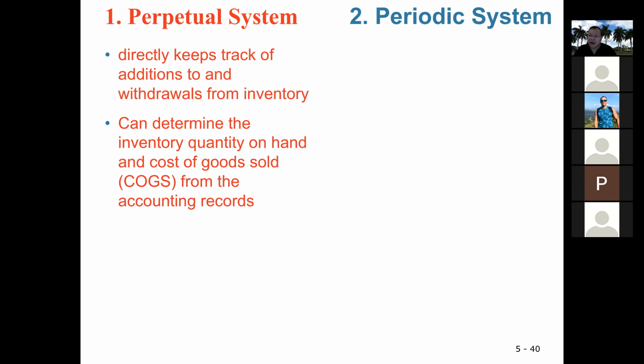In the beginning, you have 20 pencil boxes, and on Thursday, you sold 5. So then you should have 15 units left on hand. That's the idea. You're keeping track of the inventory additions and the withdrawals.